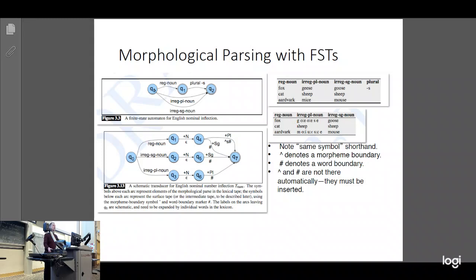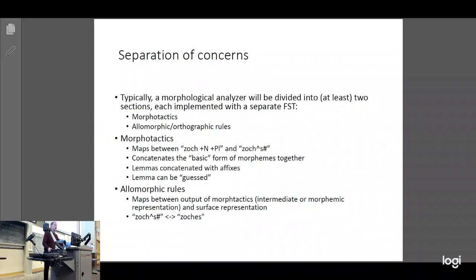Typically, when we're doing this, we want to separate concerns. We want to separate two aspects of morphology. One aspect is morphotactics, and this is basically how you put morphemes together, or maybe how you translate between the meanings of morphemes and their order. But for our purposes, how you put morphemes together.